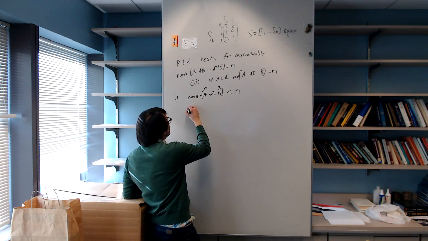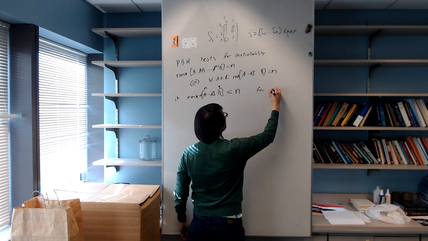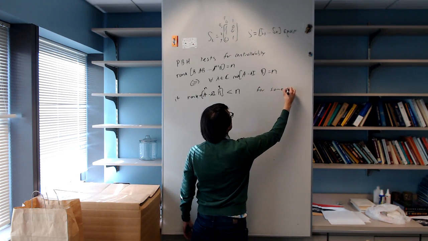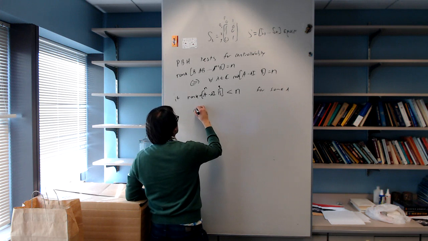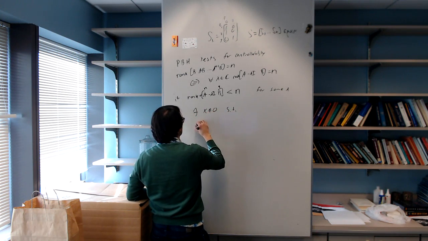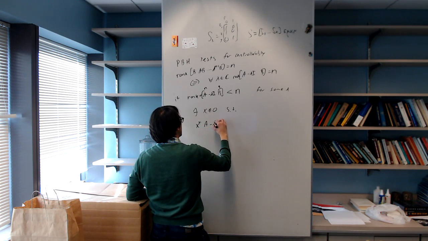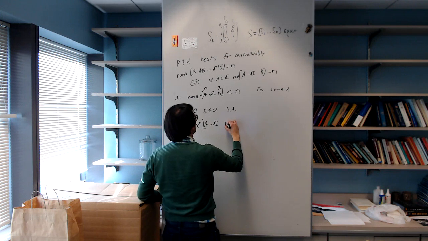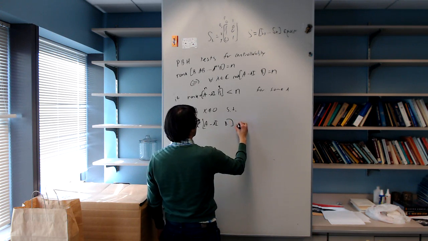That's going to mean that for some lambda, there exists an x not equal to 0 such that x transpose [A minus lambda I, B] equals 0.